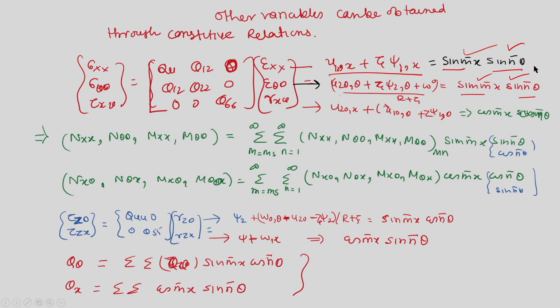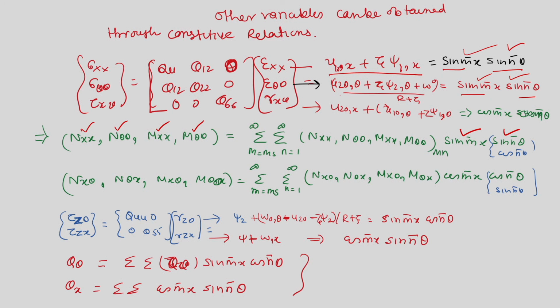So, we can see that nxx is just the integration in the thickness direction. It is not changing along the in-plane direction. So, nxx, n theta theta, mxx, m theta theta can be expressed in the same way as a sine series, as our w naught is expressed.